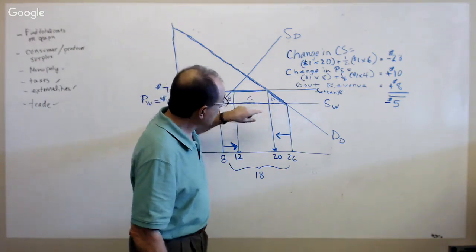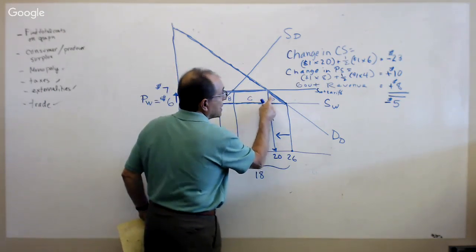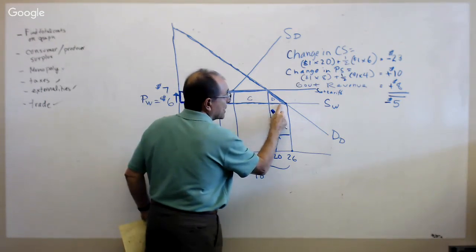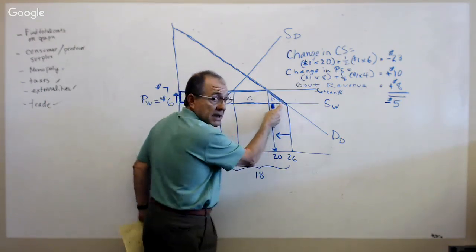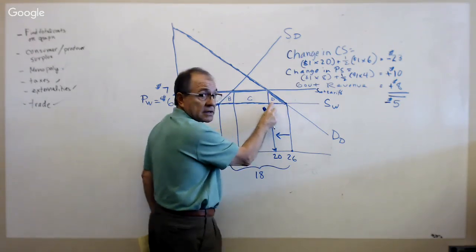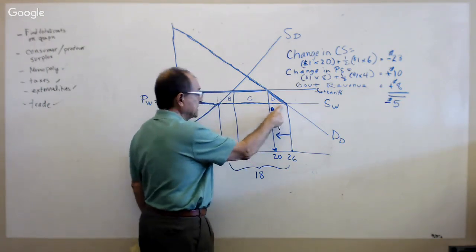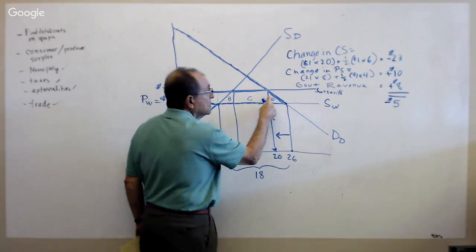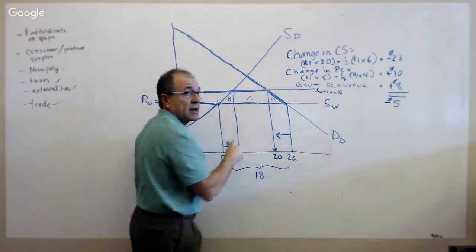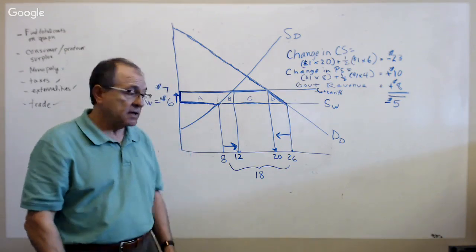So consumers could have been receiving all of these benefits represented by the area above the price but below the demand curve. This is consumer surplus that they could have achieved if they were permitted to buy the product at $6, but they're not. So they lose the amount of consumer surplus represented by area D, and that's called the consumption efficiency loss of the tariff.